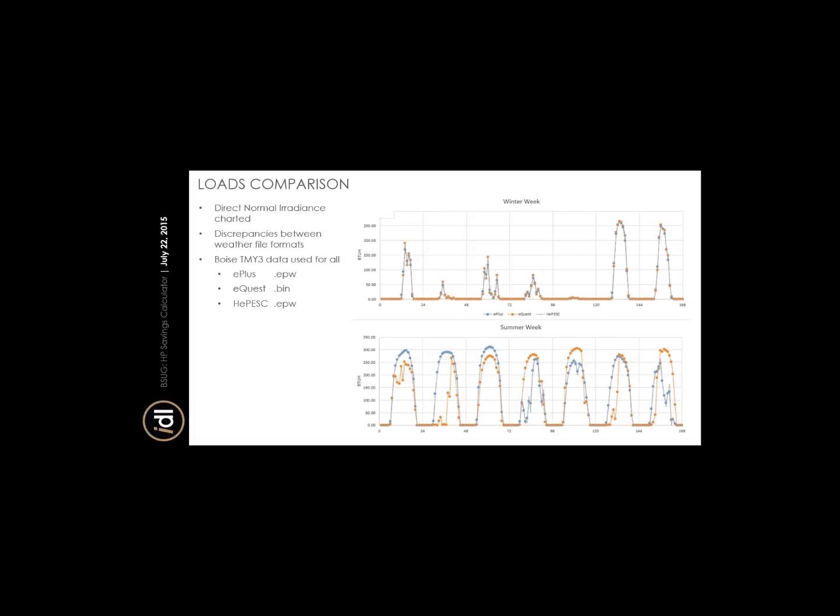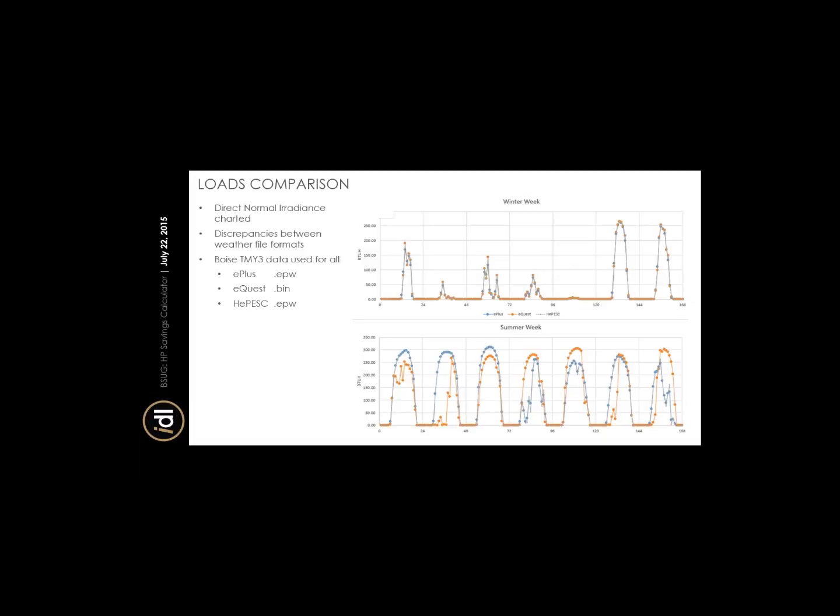And with that, I decided to output the direct normal irradiance to see why we're getting so much discrepancy, if that could be part of it. It looks like in summer it does vary between the EPW and the bin file, so that's something to also be aware of. It could change your results.